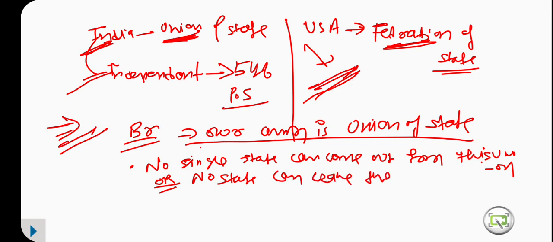B.R. Ambedkar told that our country is a union of states because no single state can come out from this union, or we can say that no state can leave the Union of India.